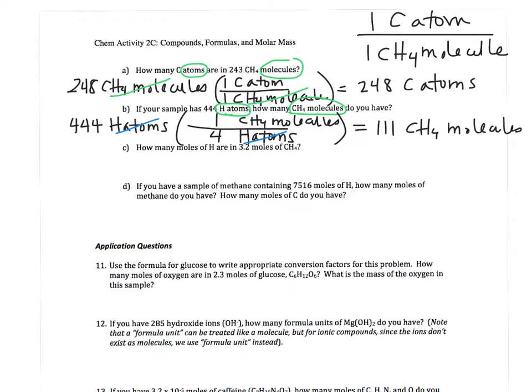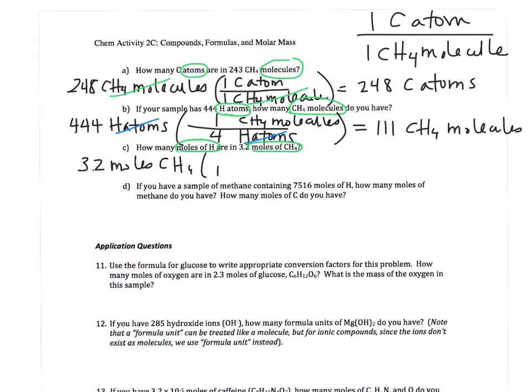Now let's start working with moles. How many moles of hydrogen are in 3.2 moles of CH4? Again, start with what we've got, 3.2 moles of CH4. And we're going to look for a relationship between moles of CH4 and moles of hydrogen. And we created that on the previous page.